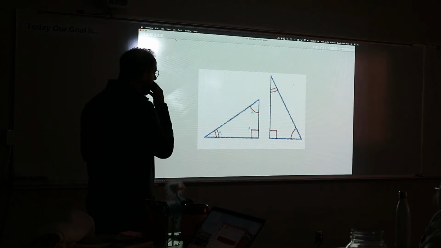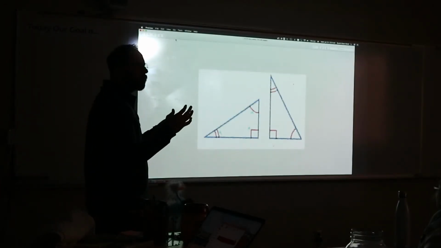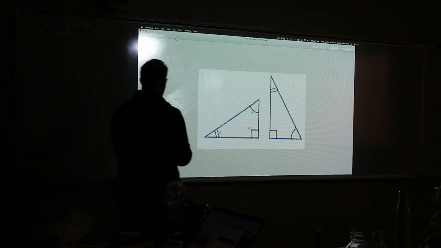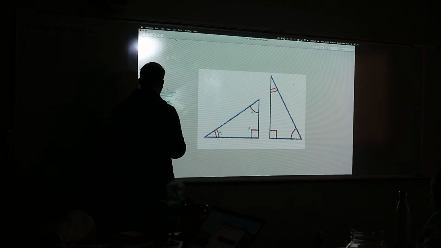In fact, the only thing I can really tell you as of this moment with this picture is, since all three angles are equal, I can tell you that they could be quote unquote similar to each other. Now, if you've never heard the word similar, I've talked about it a little bit before. Similar means they could be close to the same picture, but the main word here is that they're actually proportional.